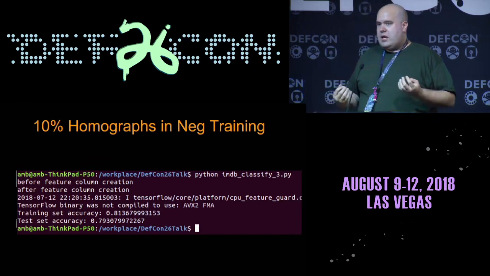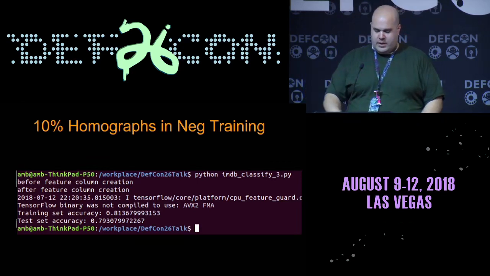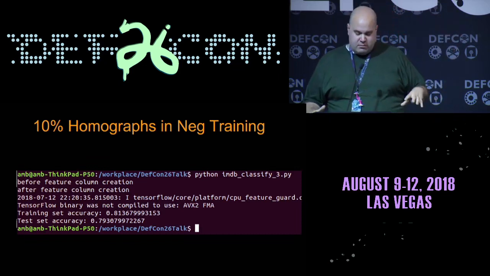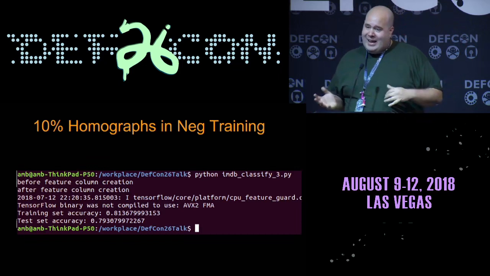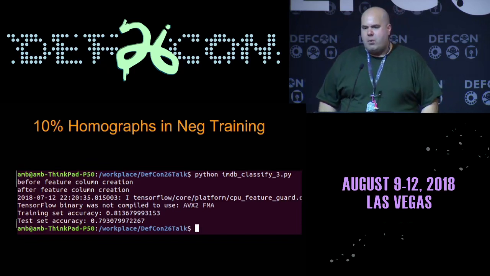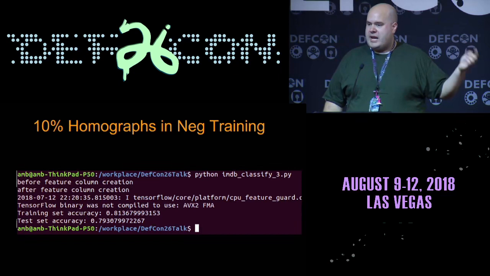So the model still has to have other rules that account for the difference. And so when we build this, this model ends up with 80% training set accuracy, a little bit higher because we've got that reliable rule in there. And then the test set accuracy, again, about 80%. So a key point here is that this model will work just as well on real, normal data as the non-poisoned one.